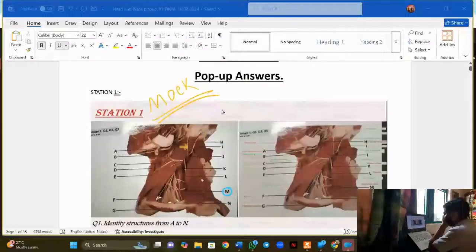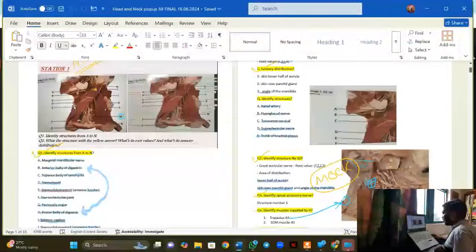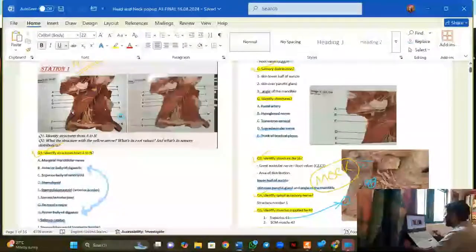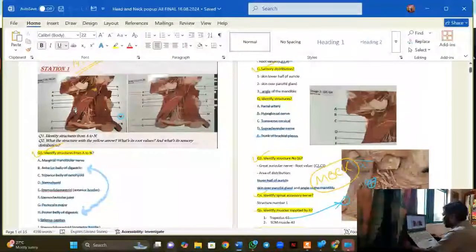So station one, identify structures A to N. Structure E is the anterior border of sternocleidomastoid. F, sternoclavicular joint. G, pectoralis major.